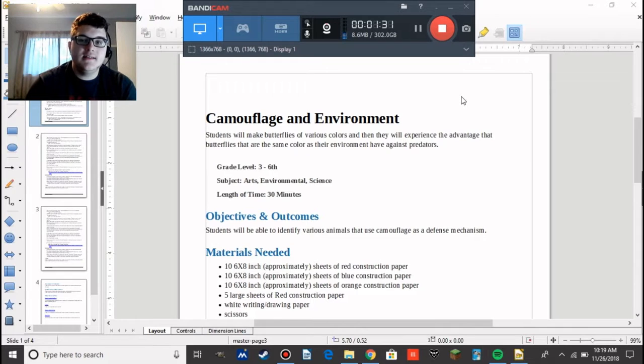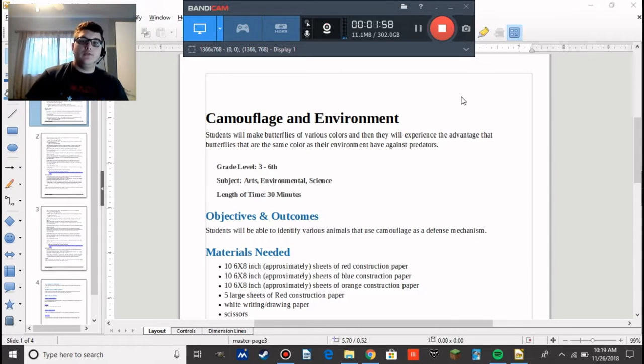The assignment itself is to identify various animals that use camouflage as a defense mechanism. They do this by creating paper butterflies using red, orange, and blue, or various other combinations of colors. They then put these paper butterflies on a colored piece of construction paper.